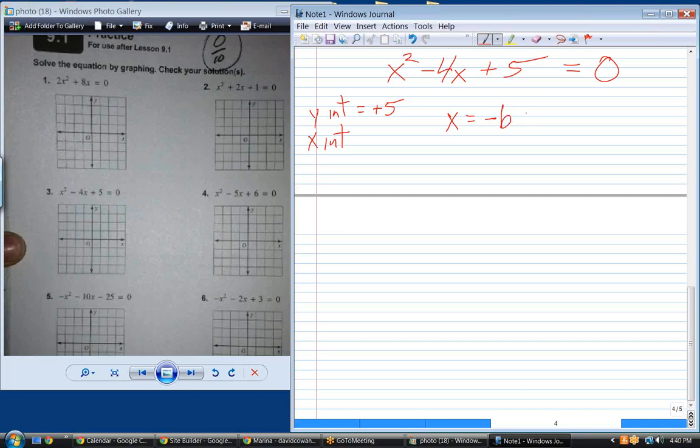Minus b plus or minus the square root of b squared minus 4ac all over 2a. Oh, no, we haven't learned that one yet. Really? Yeah. Because we need that in order to factor this number 3, which I found a little bit strange. I wonder if that was a mistake on their part.